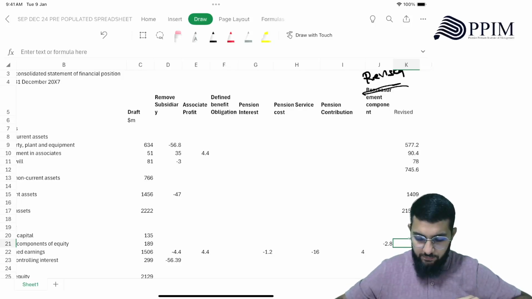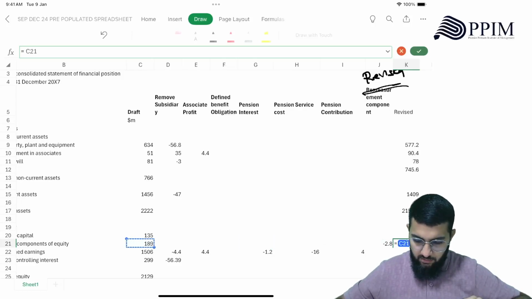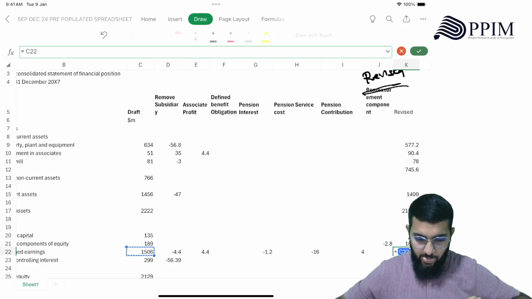Share capital remains the same. There is an adjustment here, this plus this, this. Let's see if it balances.